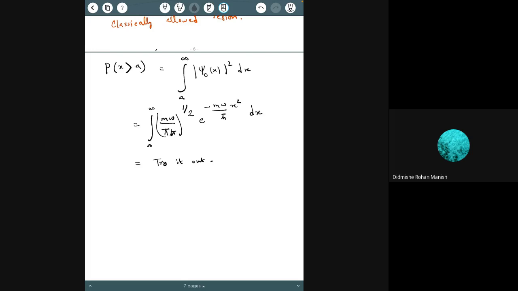It has nothing to do with the normalization. It's just that since the minimum potential is zero, the energy cannot go below zero. That is the argument, and that gives me the ground state wave function. The normalization is still external.